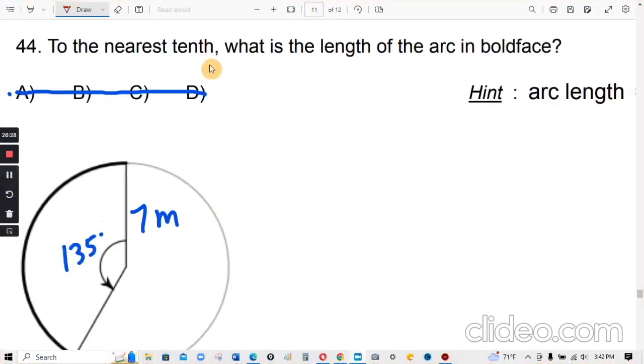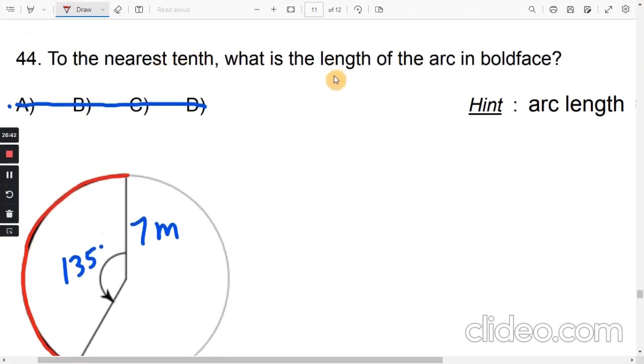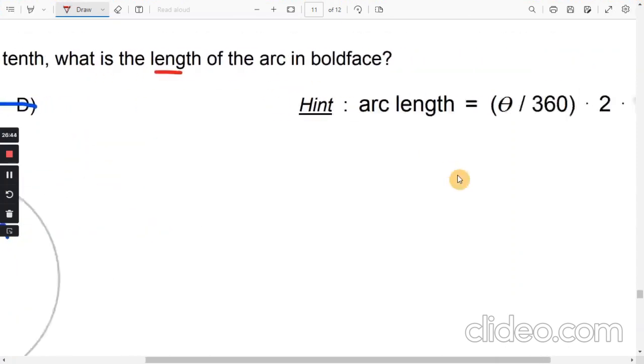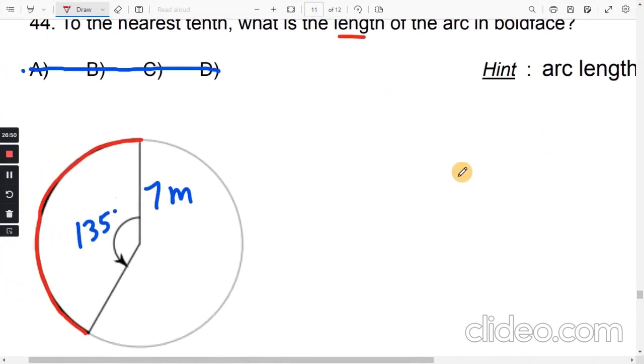To the nearest tenth, what is the length of the arc in boldface? Okay, so we're looking for the length of this arc right here. Now, we know it's 135 degrees, but that's the arc measure. Okay, we're looking for the length. So the formula for arc length, theta over 360 times 2 pi r. All right, so I'll give you those formulas.